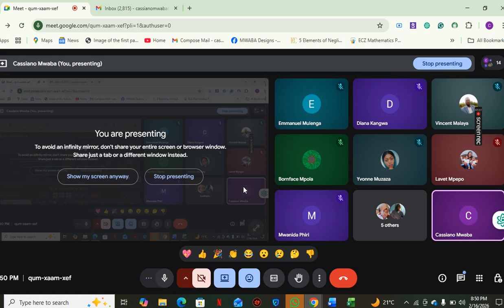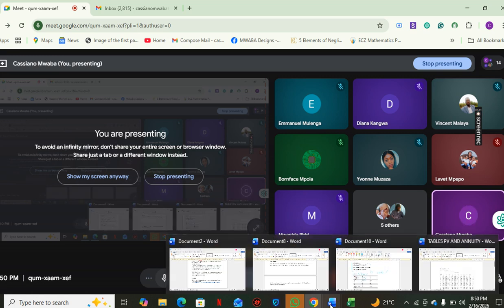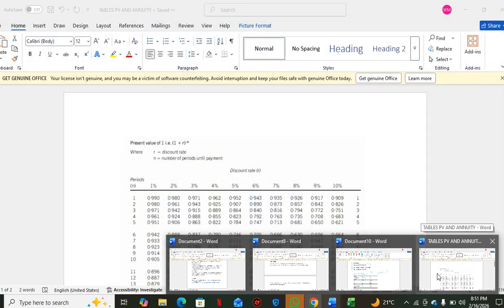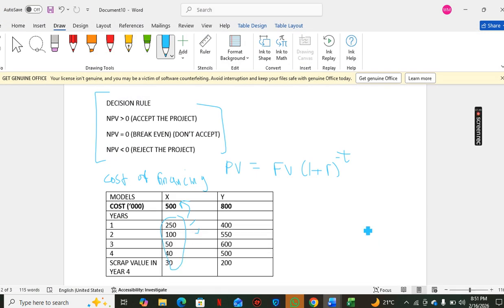So each source of financing has got a cost attached to it. So in this case here, probably to get machine X or machine Y, we've got a loan, and they've told us the loan interest rate is 12%. So our cost of capital in this question is going to be 12%. Cost of capital, CC, 12%. This is going to be used as our discount rate.